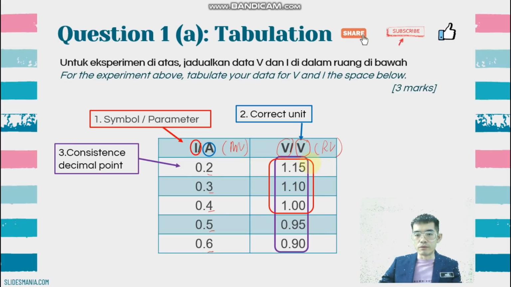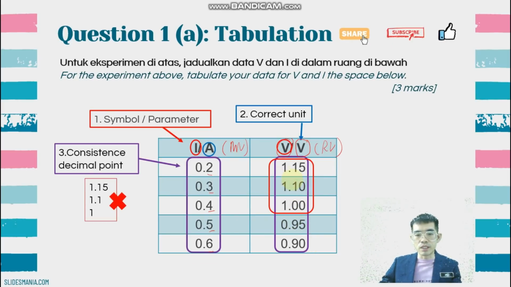For the voltmeter, you can see there are 2 decimal places for all the readings. If, let's say, the reading of 1.10 you write as 1.1, which only has 1 decimal place, and the 1.00 you write as 1, which has no decimal place, that means the answer for the potential difference is not consistent in the decimal point. So to get full marks, all the values in the same column must have the same decimal place according to the sensitivity of the apparatus.